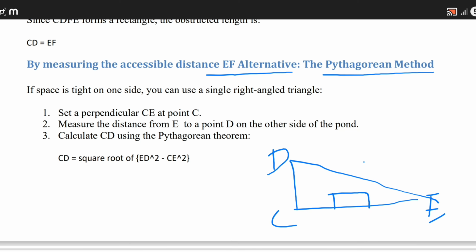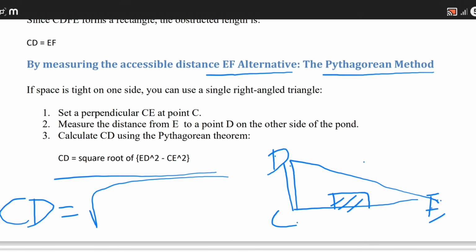Then you have to calculate the CD distance using the Pythagoras theorem: CD is equal to the square root of ED squared minus EC squared. If you know the distances, you can calculate by this method.